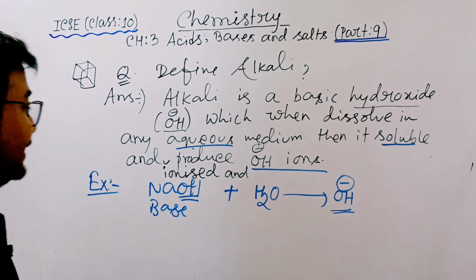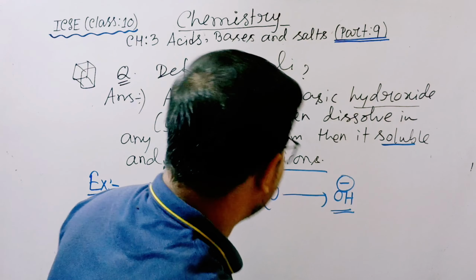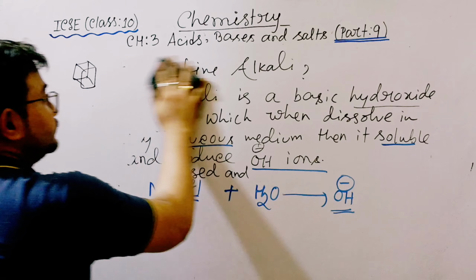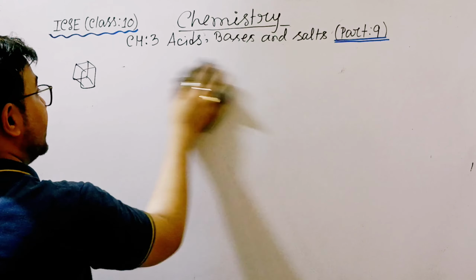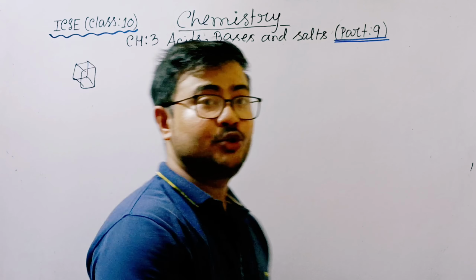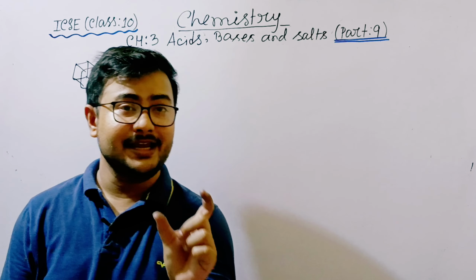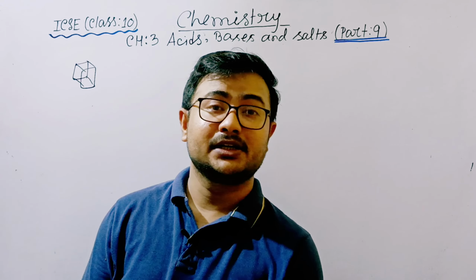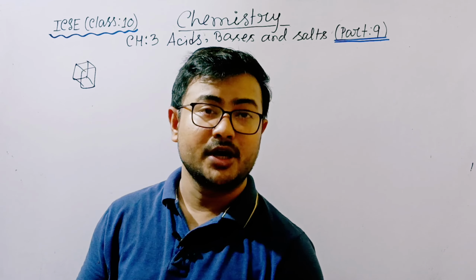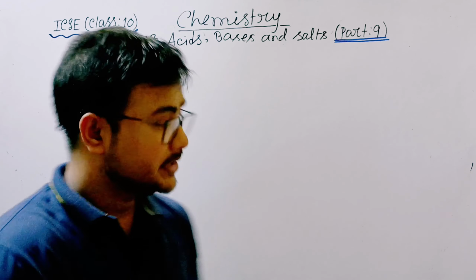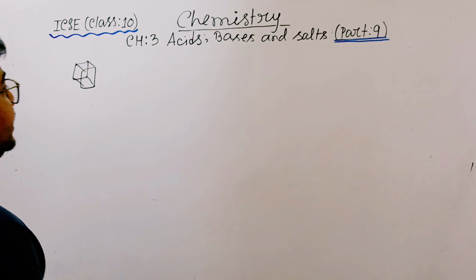Done? Okay, now we have a problem. What? That's why I rubbed it. What is the first line to define alkali? The first line is alkali is a basic hydroxide, that is OH minus. Now look at the board.